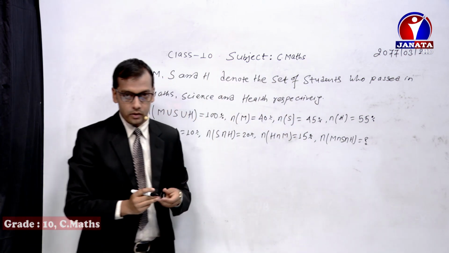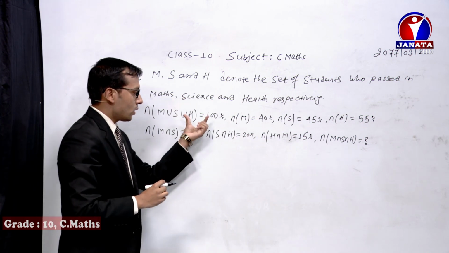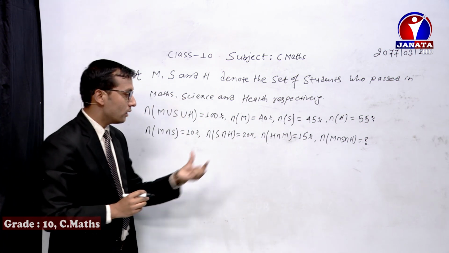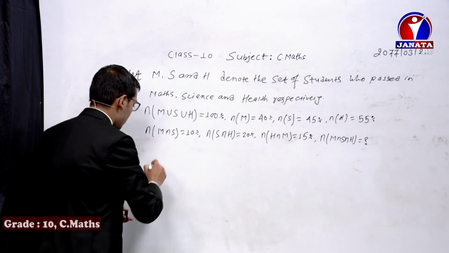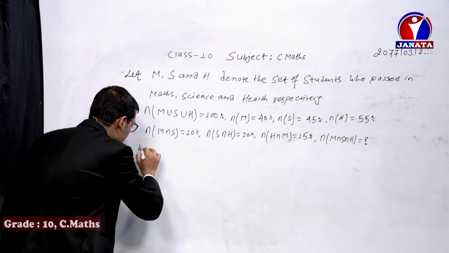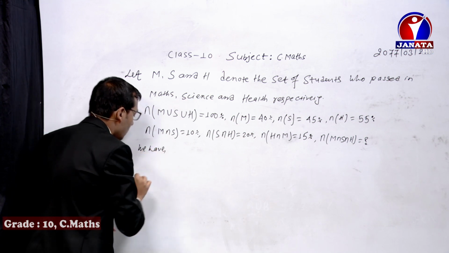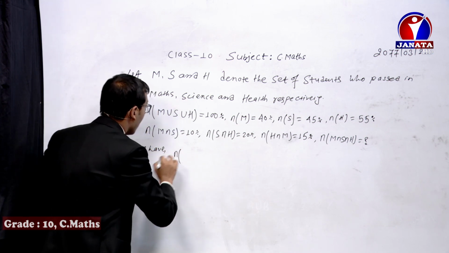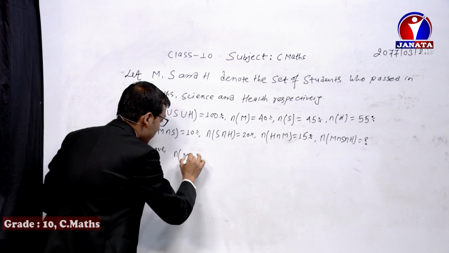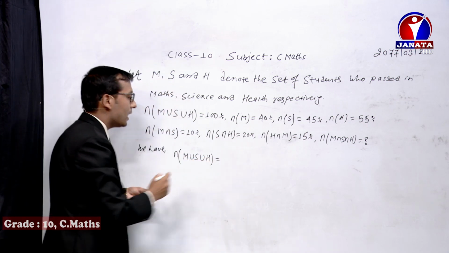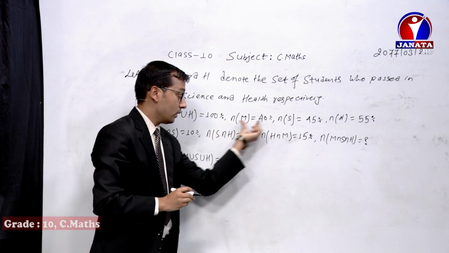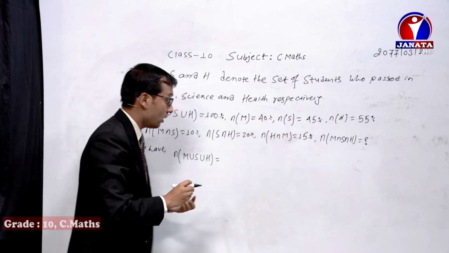This is asked of us. We have a formula to find n of the intersection of all three sets. We have n of M union S union H. First of all, we add n of M, n of S, and n of H.